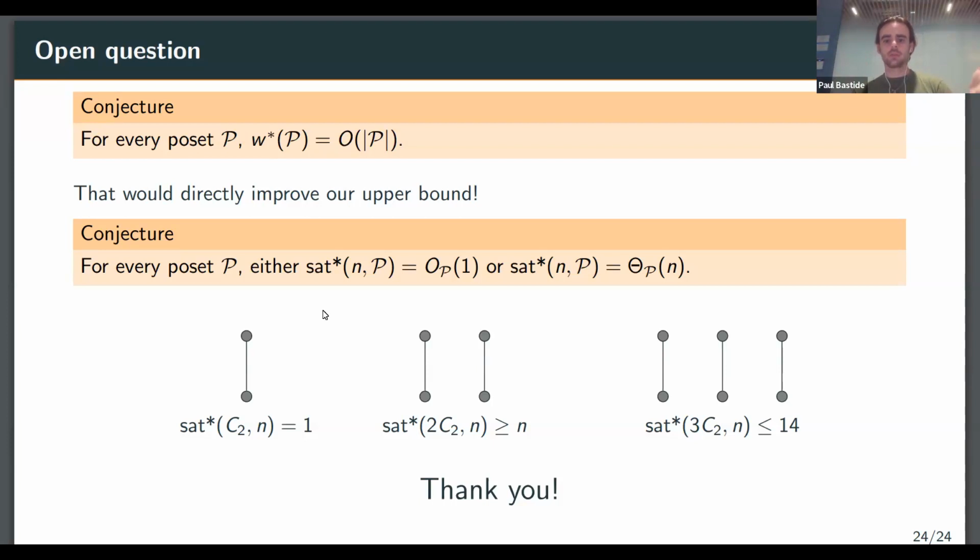So you can always do it with width n, and then the number of layers you need is at most n, right? But I don't see how we could use it in our proof. It really came in the other direction in our proof, so that's why we define it in this way. But maybe if you can see it the other way and make it worse, this would mean a better upper bound if we could swap the definition.